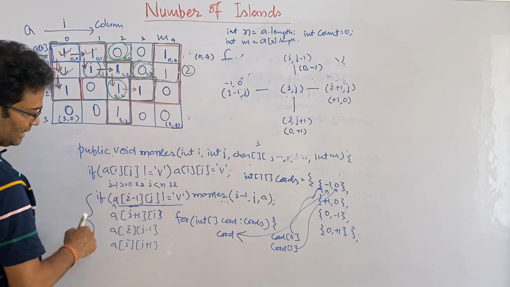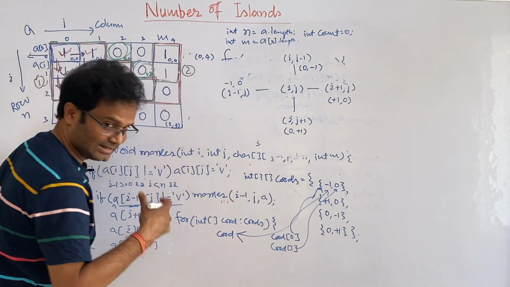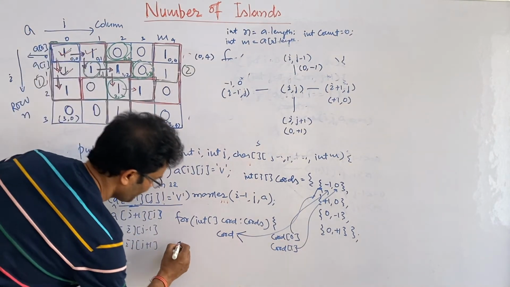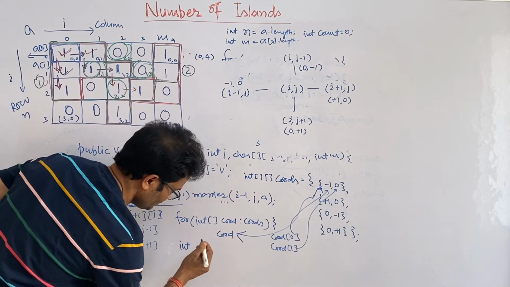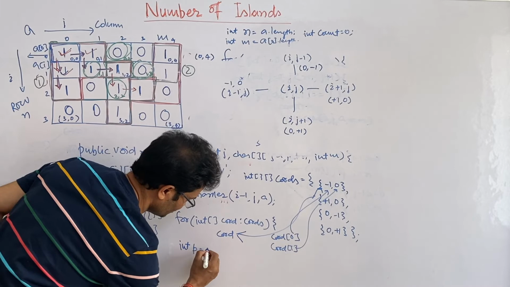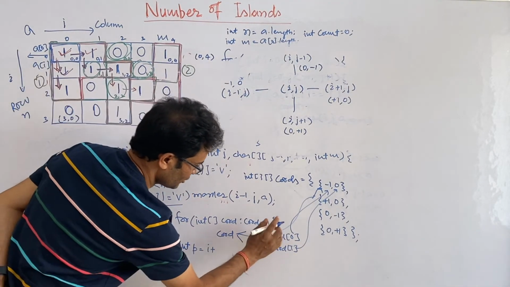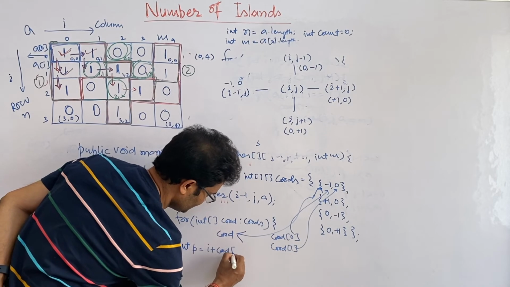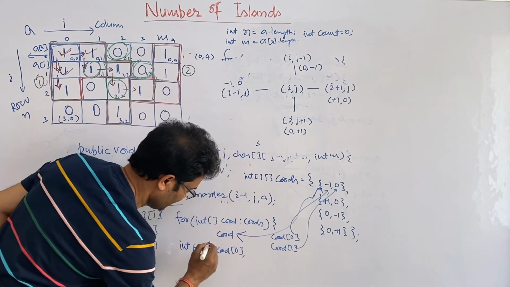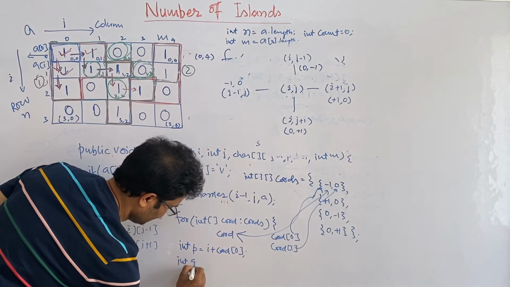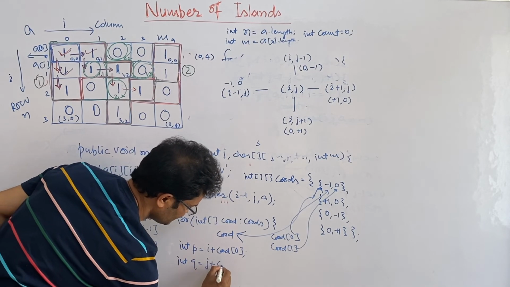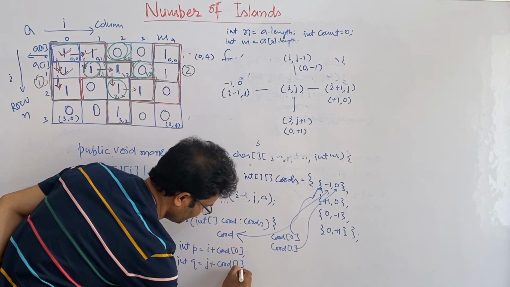So instead of that, I will find out what the next I is, right? So you make p and q, where p is equal to I plus coord 0, which changes the I value, and q is j plus coord 1.